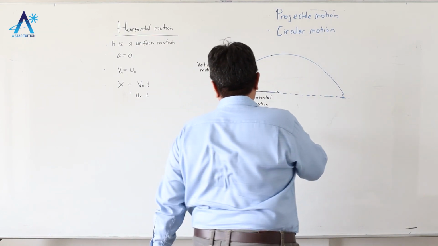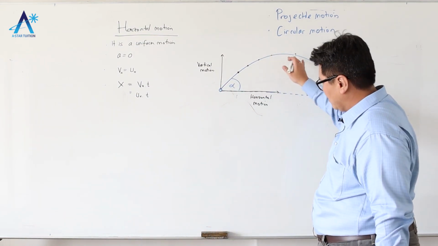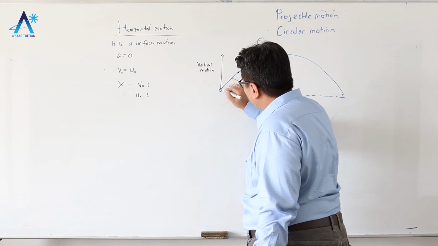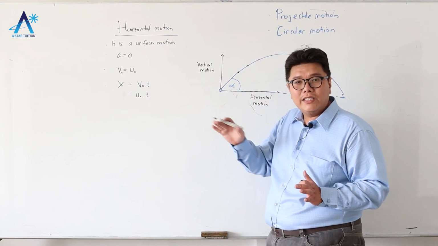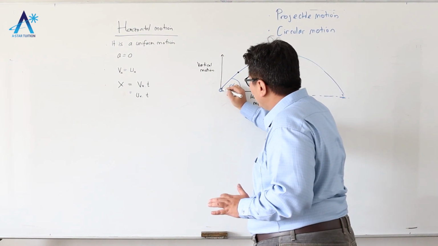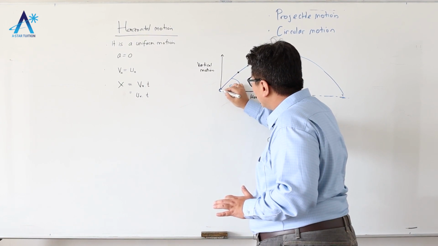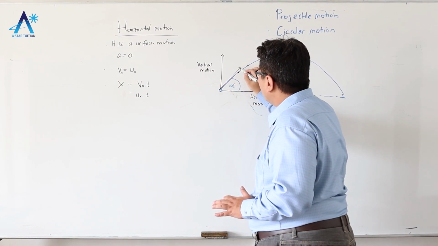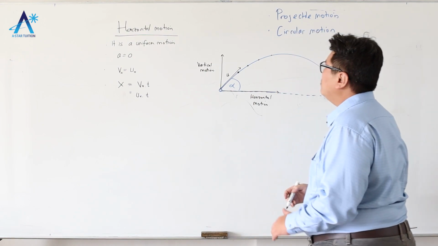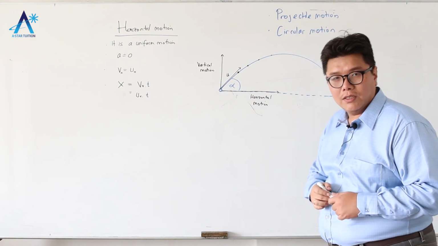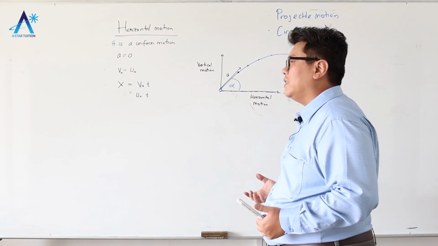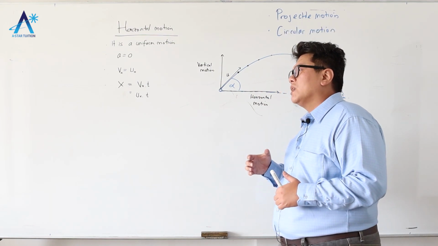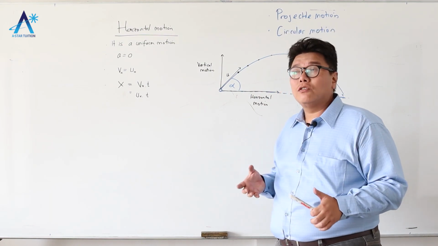So the initial velocity is this. If this is the path of motion, you can see that the velocity is always tangent to the path. Initially, this is the direction of the velocity vector. So this is u. Now, u here has two components. As we talked about in vectors, we can always resolve vectors into components.